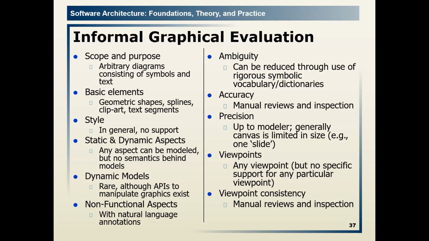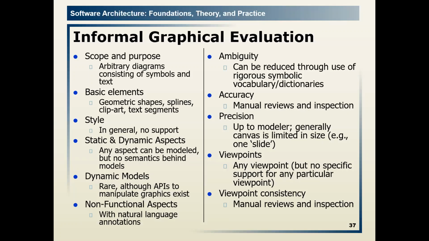Then the ambiguity can be reduced through use of a rigorous symbolic vocabulary or dictionaries. So if you reduce the number of words that you use, that is, you follow your own syntax, you create a set of rules and follow it. So within a company, you can reduce the ambiguity.